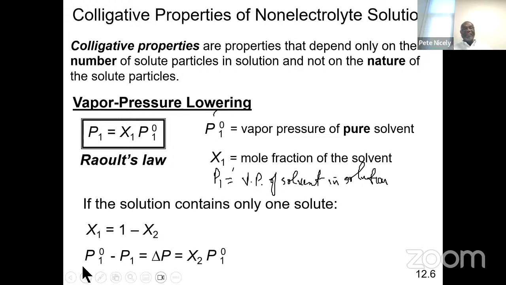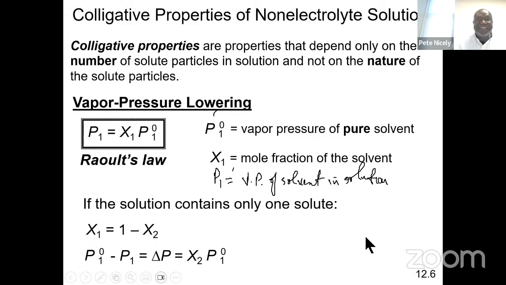So therefore, we can calculate the lowering of the vapor pressure, which would be the difference between the vapor pressure of the pure solvent and the vapor pressure of the solvent in the solution. That would be equal to delta P. And it turns out that that would be equal to the mole fraction of solute 2 times the vapor pressure of the pure solvent.